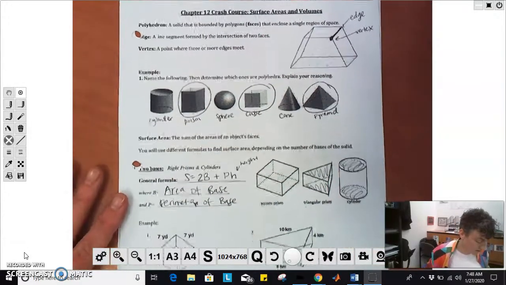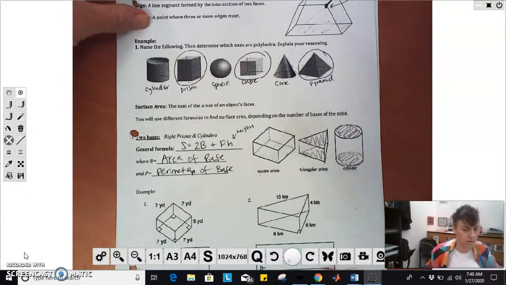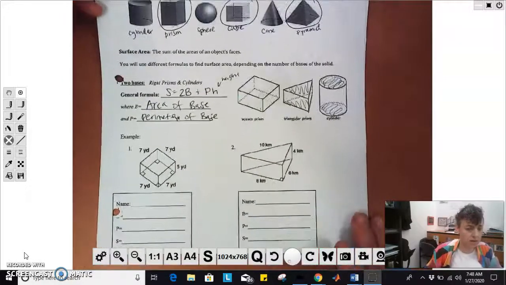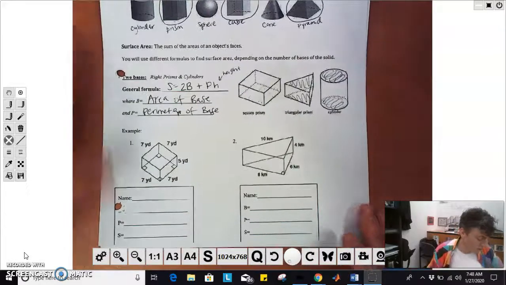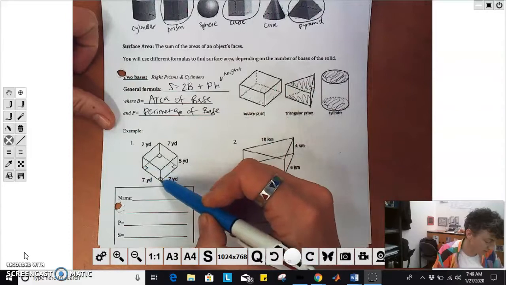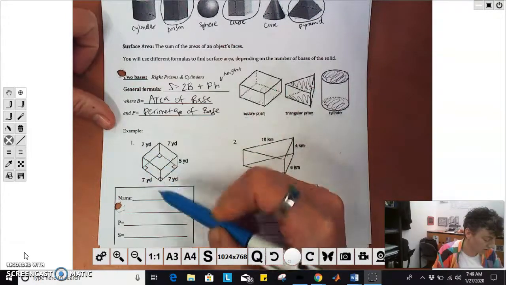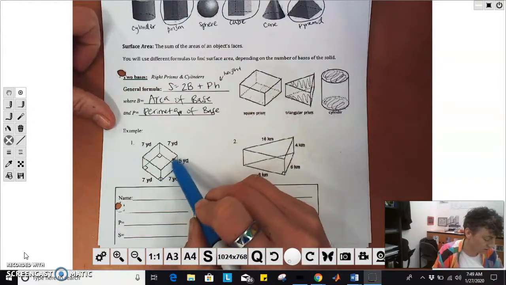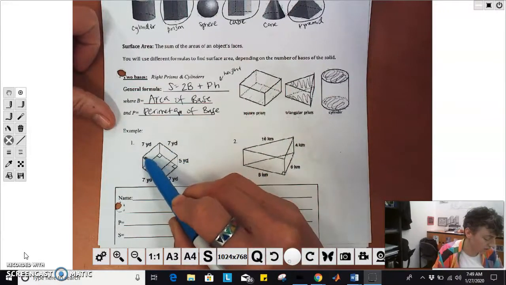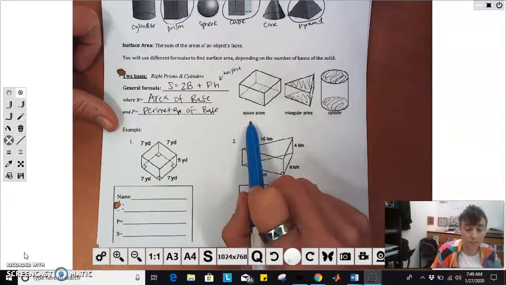So let's do an example here. Let's move my paper up. Yeah, here we go. First we got to figure out what this is. Well, that said that's 7 yards, which I know has to be the same as the top here. That's also 7 yards. So it looks like every single side of the base is 7 yards. So this is a square prism.